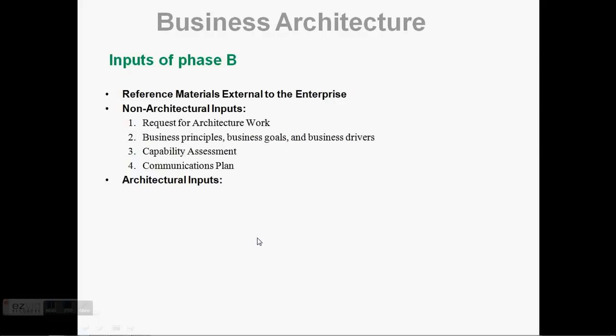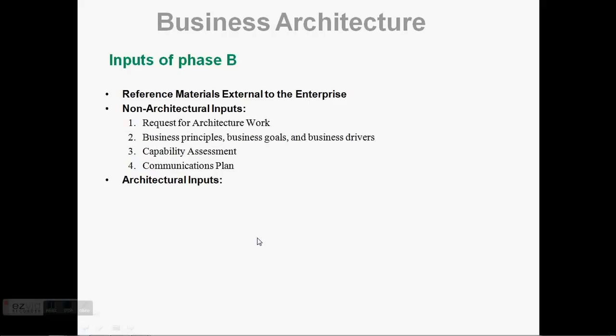The second type of input is called non-architectural inputs. These are in four different formats. First is the request for architectural work. This is a document that is sent from sponsoring organizations or sections within the organization to the architectural organization to trigger the start of an architectural development cycle.